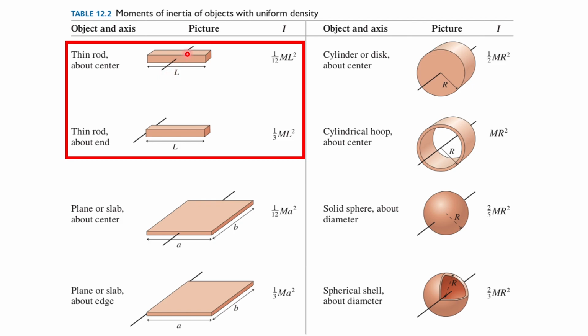If the axis is in the center of the rod, then the inertia is equal to this formula: 1/12 the mass of the rod times the length of the rod squared. And if we move the axis to the end of the rod, then the inertia increases. That makes sense, because we find an axis in the center is easier to spin than an axis on the edge. So we use these two formulas to do the calculation.